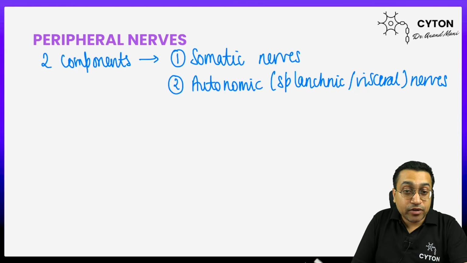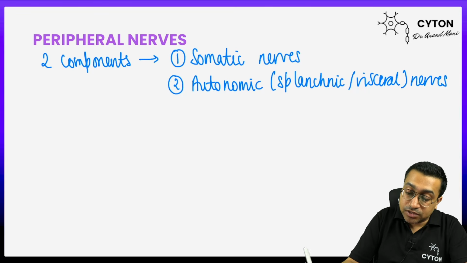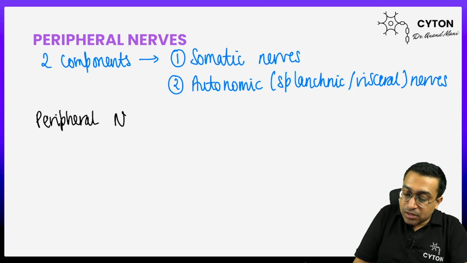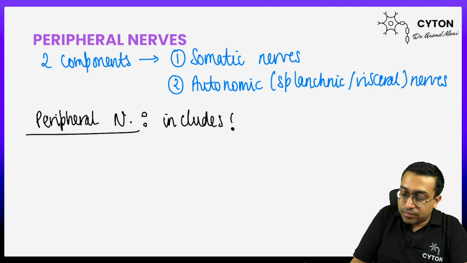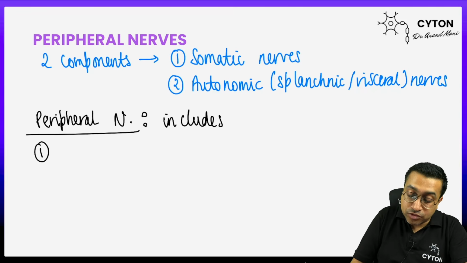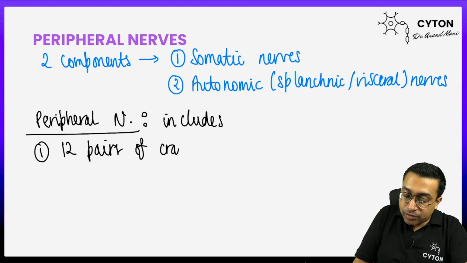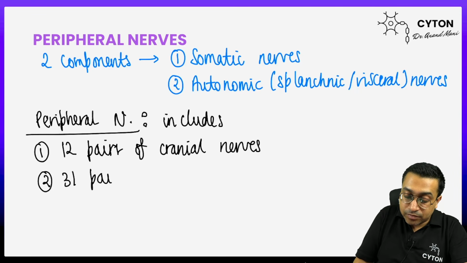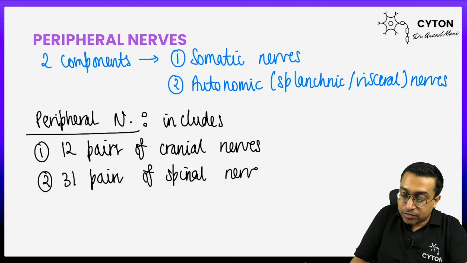Okay. So the peripheral nerves, what all structures does it include? Number 1, that is 12 pairs of cranial nerves. We will read them in quite detail in the head and neck region. Number 2, we have 31 pairs of spinal nerves.